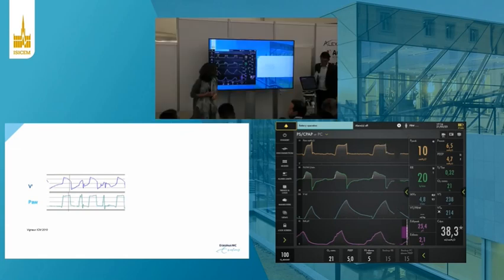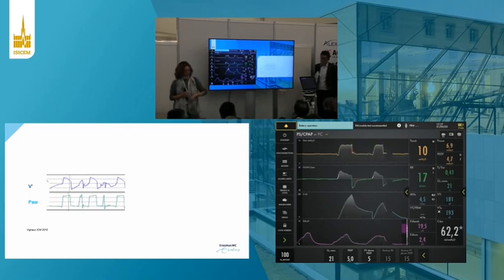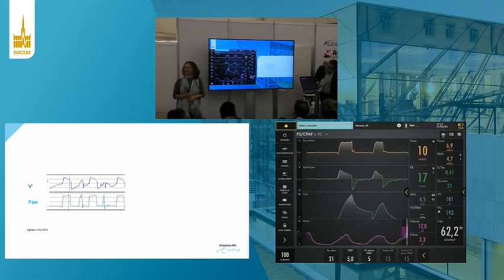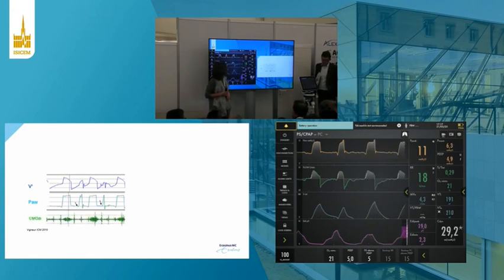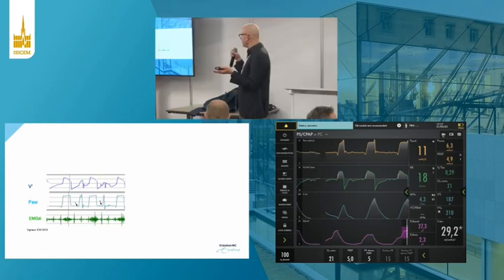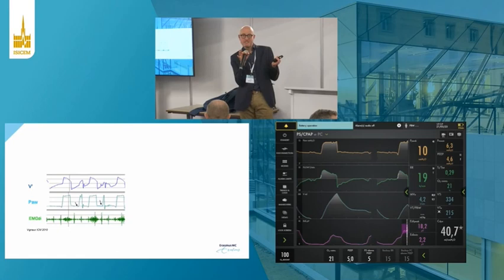Okay, next asynchrony. So what's going on right here? Anyone an idea? Or is it just perfect? Probably not, right? Yeah, exactly. So this is probably auto-triggering, right? And it's, again, easier to identify with the EMG, but you'll see there's no patient effort, but the ventilator is triggered anyway.